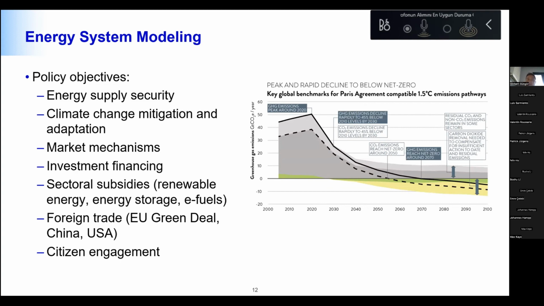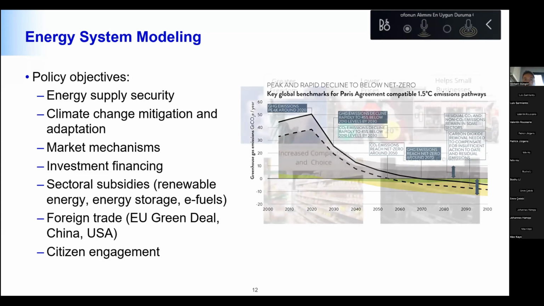But we have a great ambition that we will have a peak in the near future. And after that, we will have a rapid reduction of carbon emissions, possibly with or without negative emission technologies, depending on both their maturity and the social evaluation of these technologies.